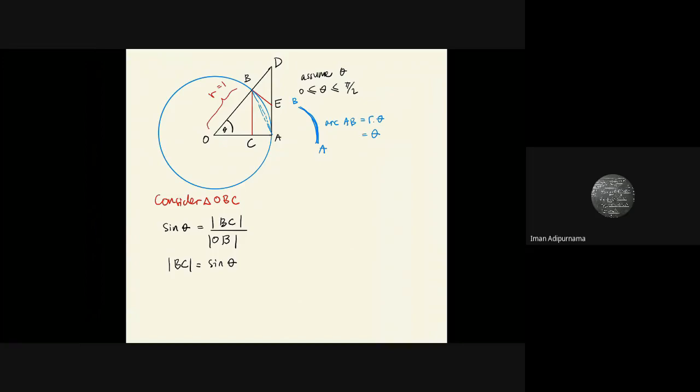So our goal is actually, let me give you some notes here. We need to compare BC, the straight line AB, and the arc AB. From the geometric perspective, this is less.